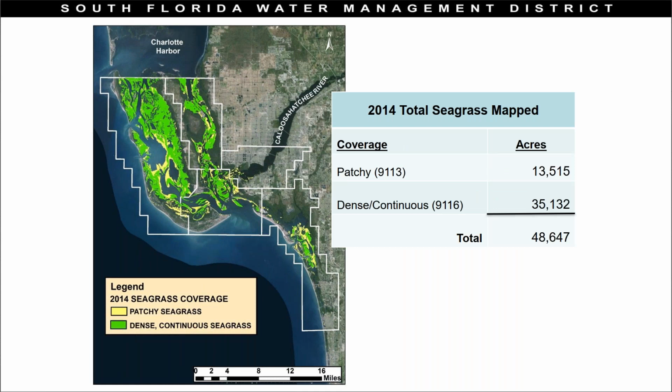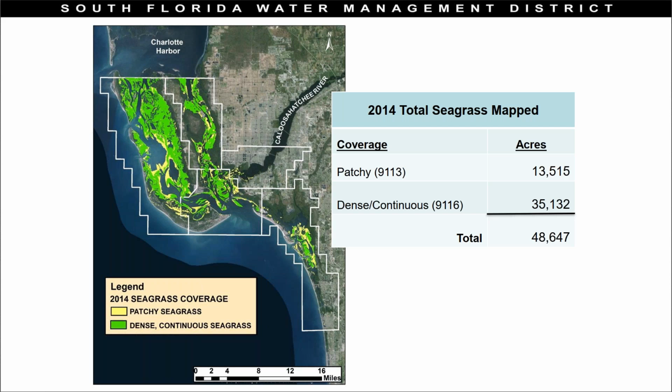So right now, this is the most current mapping that we had done. Our mapping is done every 4 to 6 years on the West Coast. Mapping is currently being done, but it's not quite finished yet.